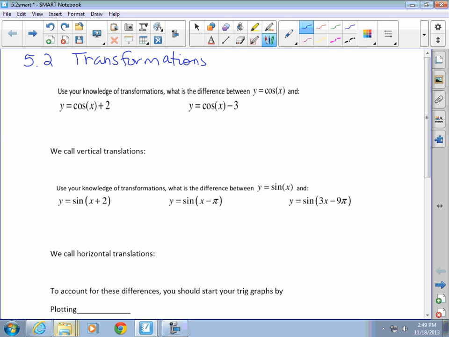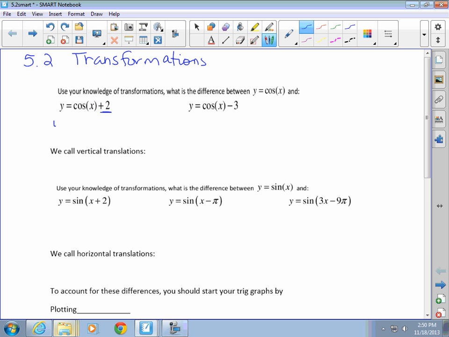What is the difference between y is equal to cos x and y is equal to cos x plus 2? So if you think of this as just being our y is equal to ax plus b, or if you're thinking in terms of our y is equal to a times absolute value x b, this still means the same thing.